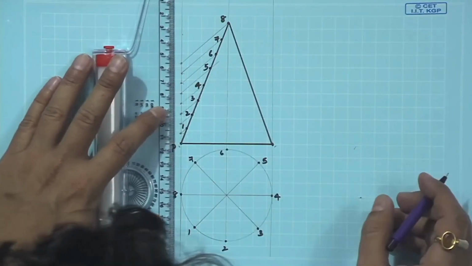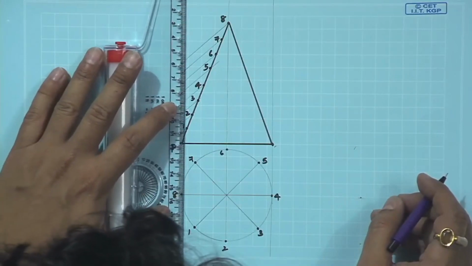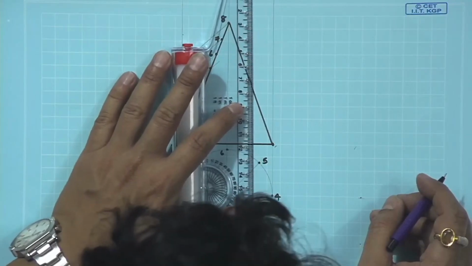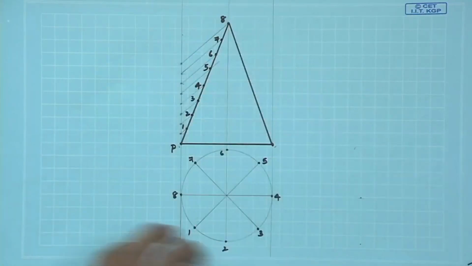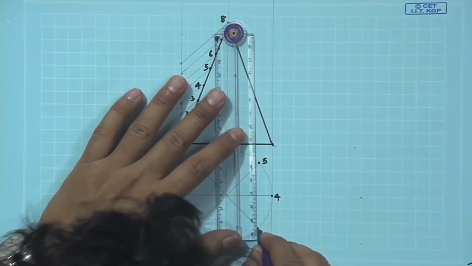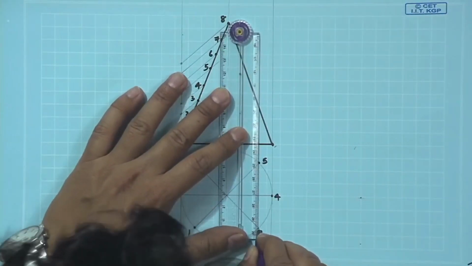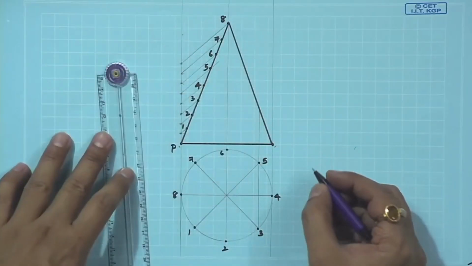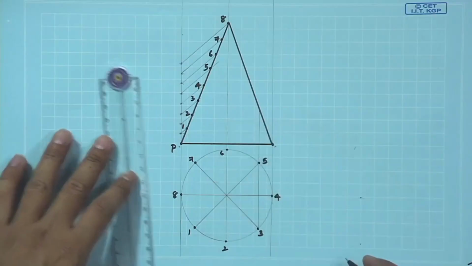Draw a line which passes perpendicular to these points, connecting the first point, third point. So, it cuts the axis at this point.